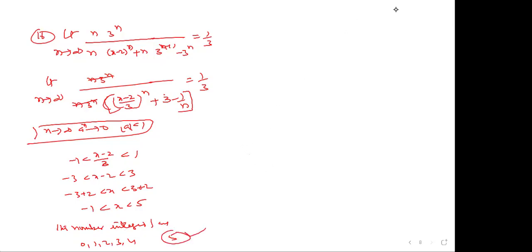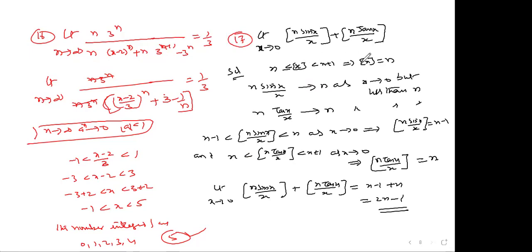Okay, shall we move on to the next? Here I solved. You see, step x lies between n and n plus 1, meaning the value of this one is n. Step x value is n. So n into sin x by x tends to n as x tends to 0, but less than n.